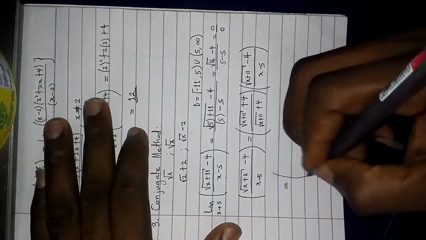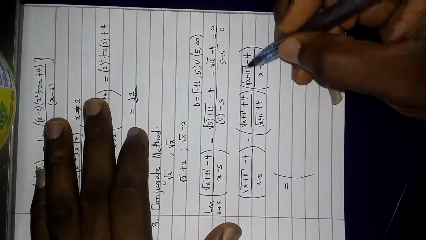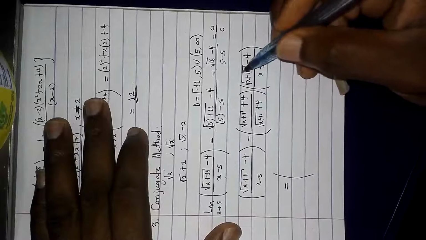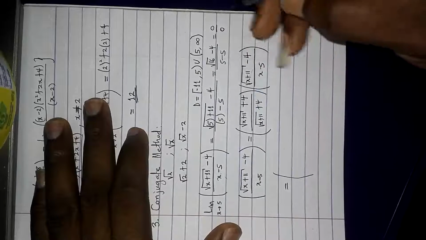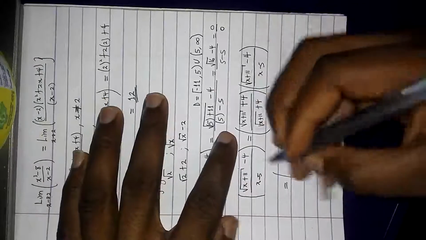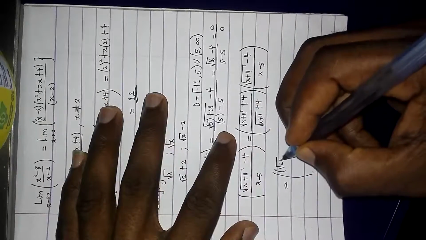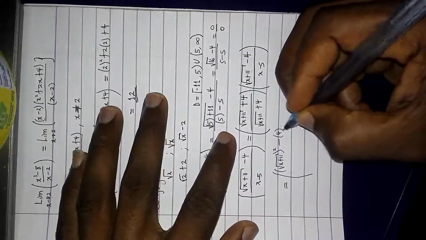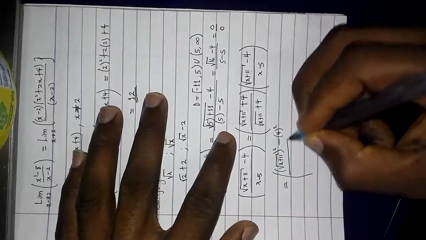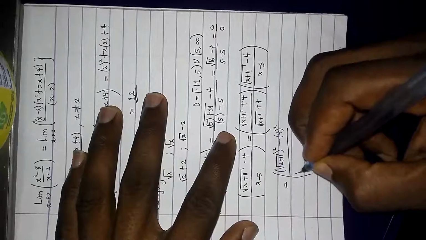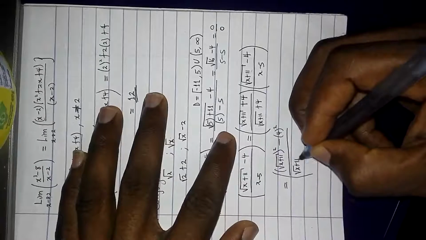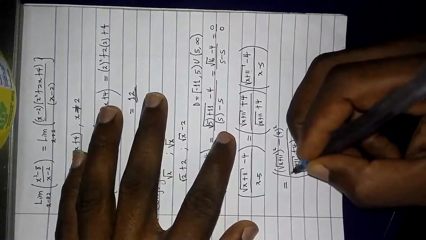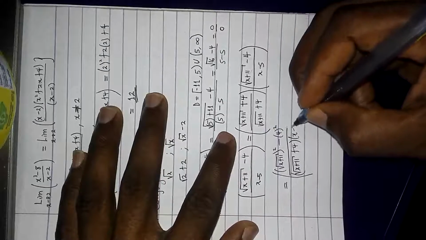So we say this is equal to, when you multiply this and this, you can see this is a difference of two squares. This is like you have a plus b multiplied by a minus b, so that's going to be equal to a squared minus b squared. So what we have here is simply square root of x plus 11 all squared minus 4, which is b, all squared, divided by square root of x plus 11 plus 4, then multiplied by x minus 5.